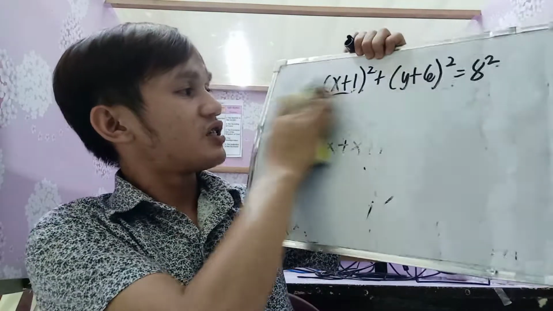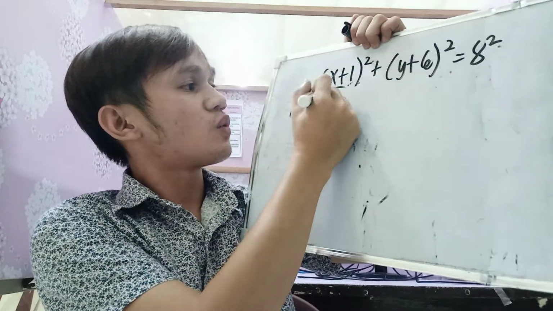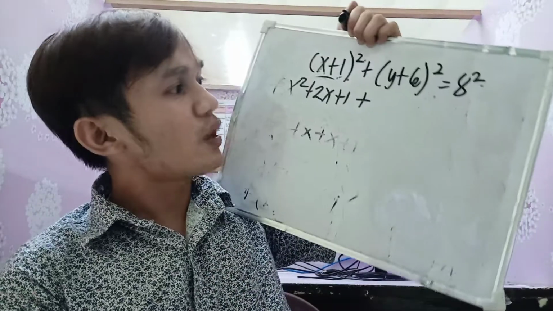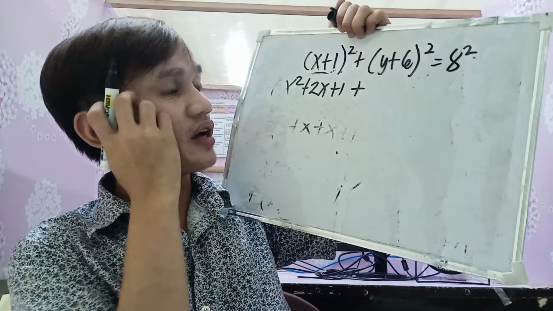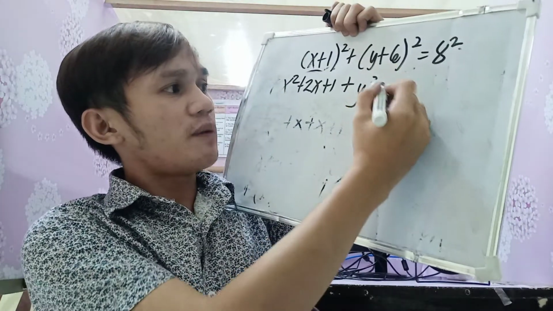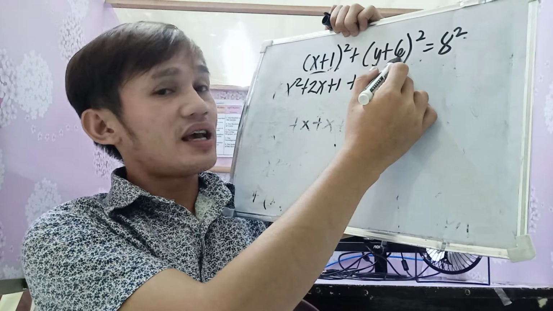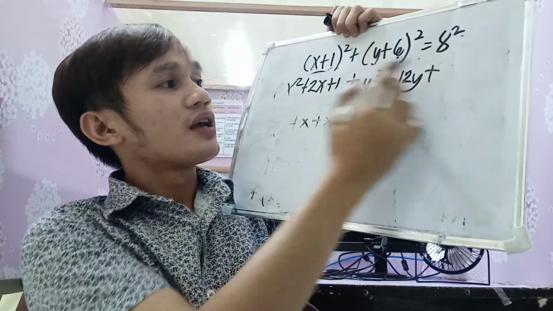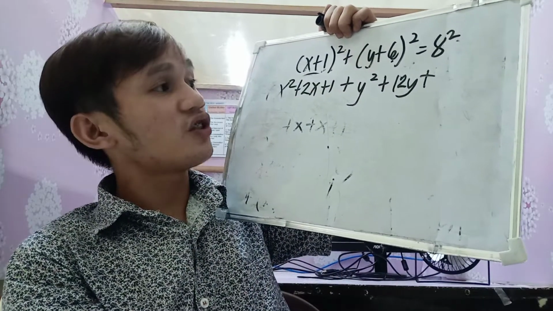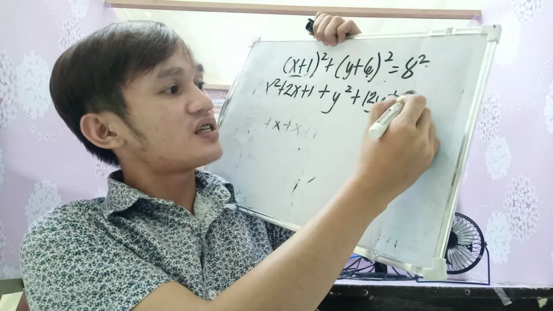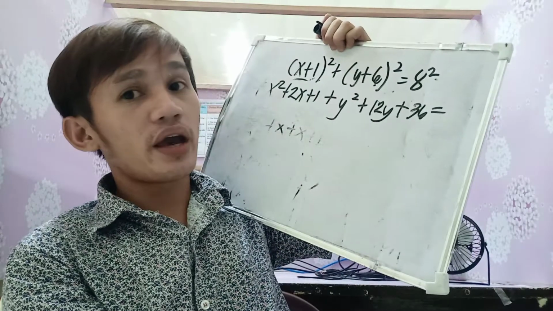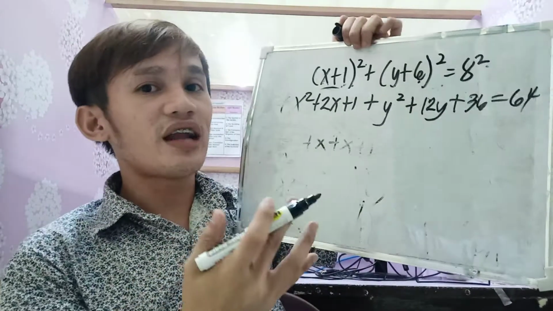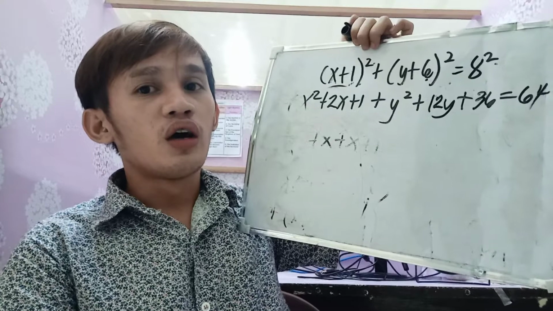So this is x² + 2x + 1, plus, if you expand (y + 6)², this is y² plus y times 6 is 6y, multiplied by 2 is 12y, and then the square of the second term, which is 6, 6 times 6 is 36, is equal to 8², which is 64. So you have this equation now.